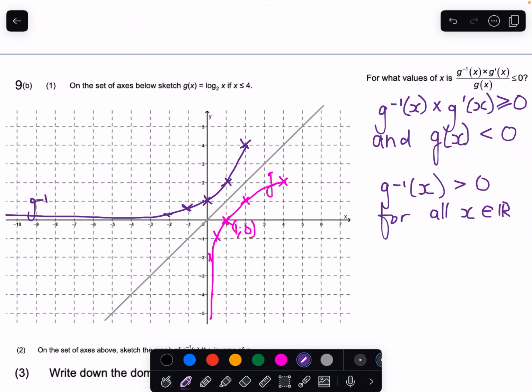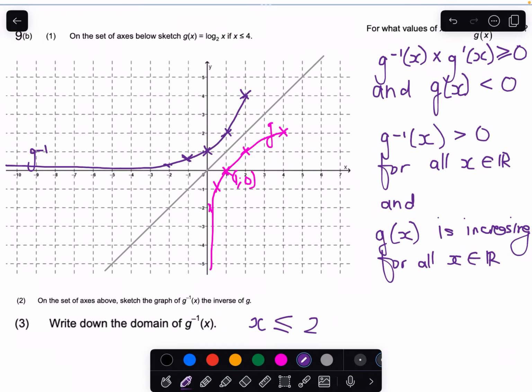So g of x is increasing for all x in the domain as well, in the larger domain.